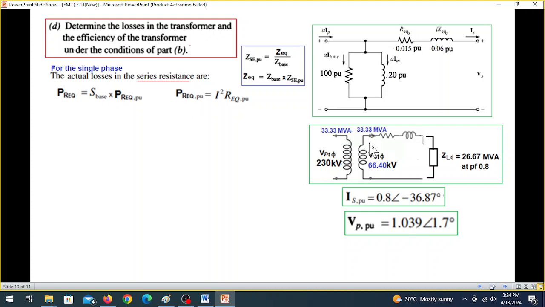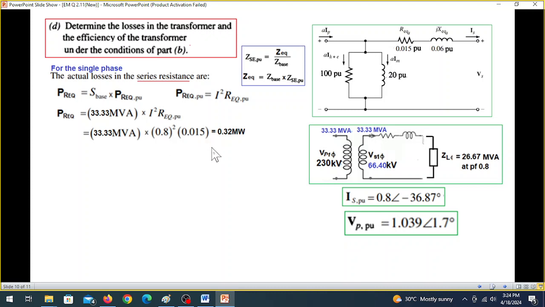Now P R equivalent, that is the drop in the resistance. Drop in the resistance is I square R equivalent, or I S square R, we know. So we have already I S. So now from here, this is our S base, 33.3 MVA into I square R. I is 0.8, 0.8, and R equivalent is 0.15.